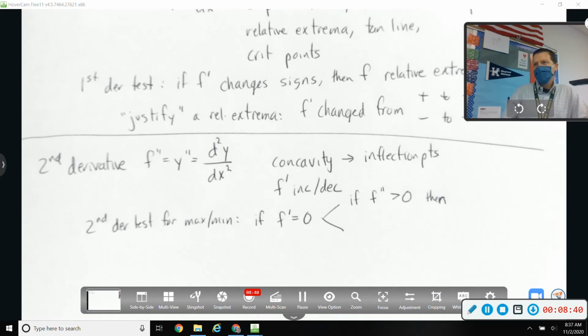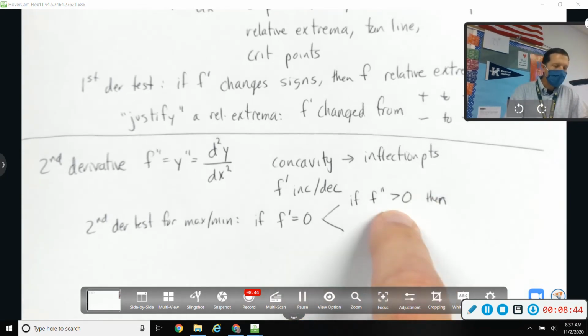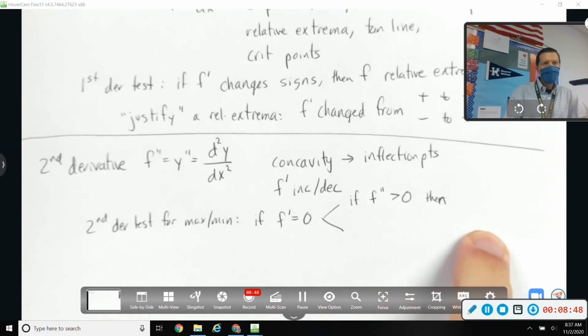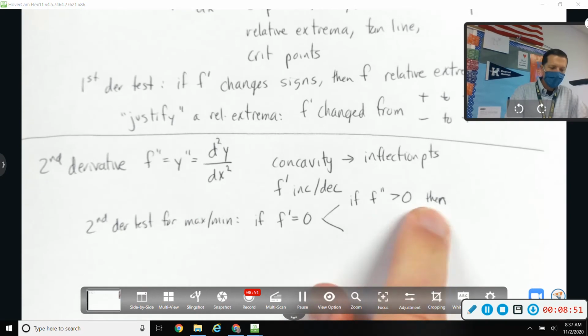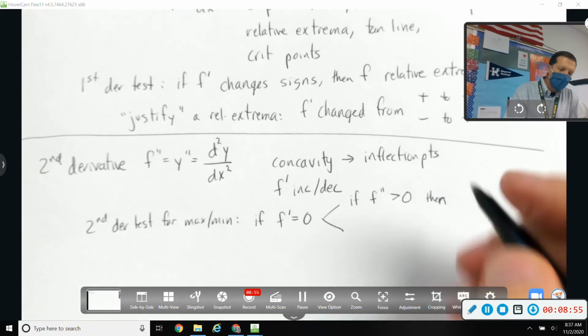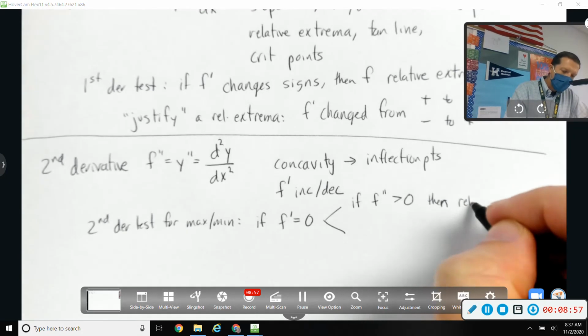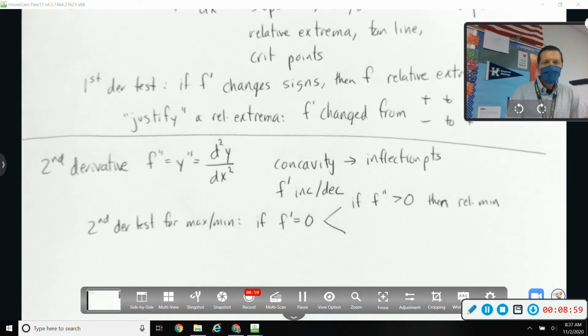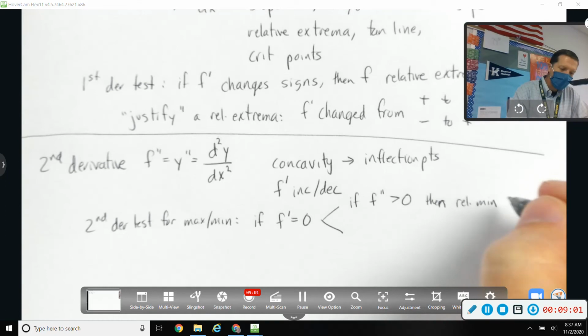So think about the picture, or what it means, where f prime is 0 and f double prime is greater than 0. So do we have a relative max or a relative min for this case? Min, because it's concave up, a relative min. Again, I don't have that memorized. You think about what's going on.